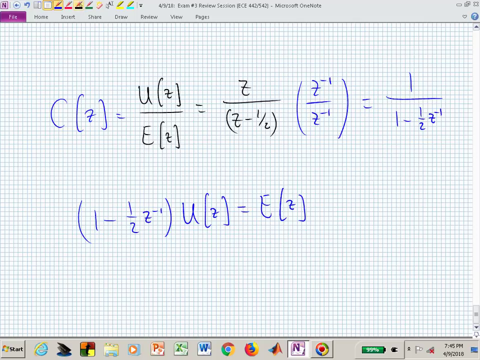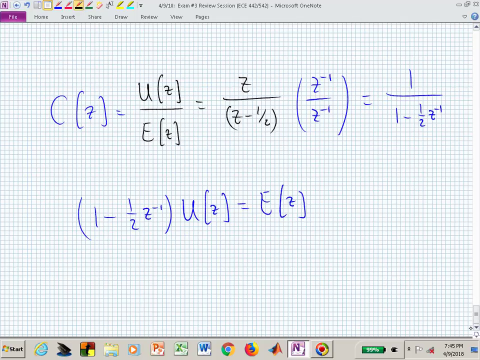And you hopefully remember this from previous exams. You now know how to take this into the time domain. Z to the minus 1 is just a unit delay. We now can say that u of n, and I'm going to push that 1/2 to the other side, is 1/2 u of n minus 1 plus e of n.